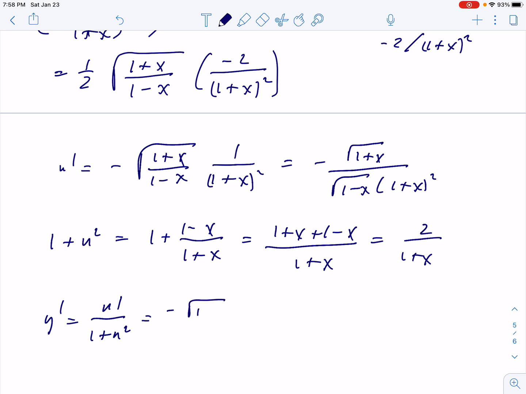Negative root 1 plus x over root 1 minus x, 1 plus x. I can make this better. 1 plus x squared multiplied by 1 plus x over 2.